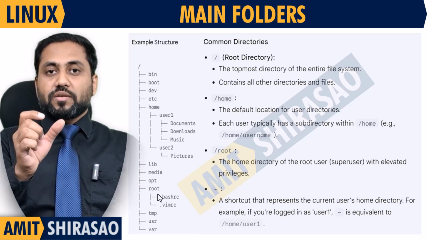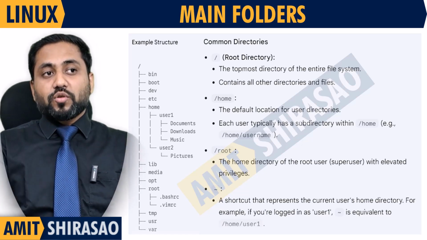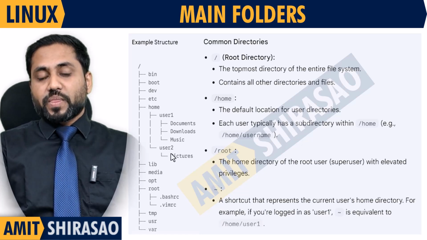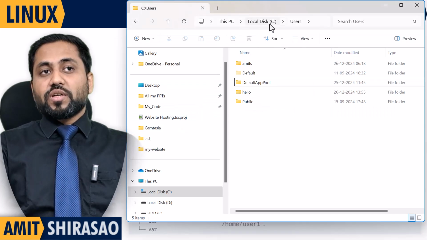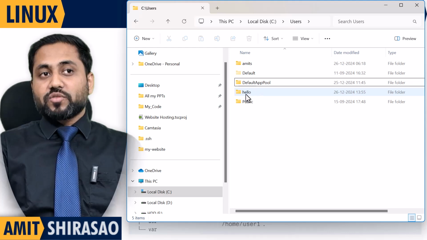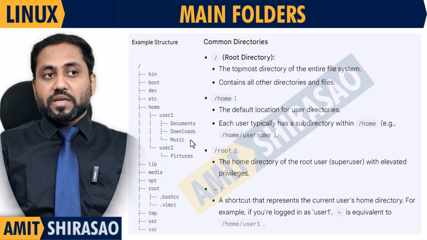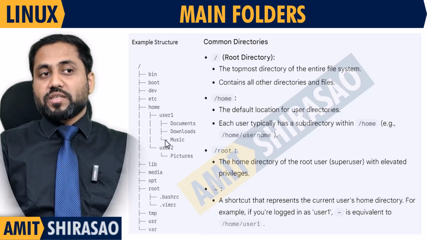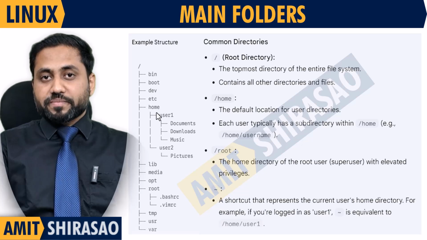The root folder is the folder for the root user, and inside home the folders for various other users get created. This home folder is similar to the C:users folder in Windows, because whenever a new user gets created, its folder gets created inside the users folder. Similarly in Linux, whenever a new user gets created, its folder gets created in the home folder.